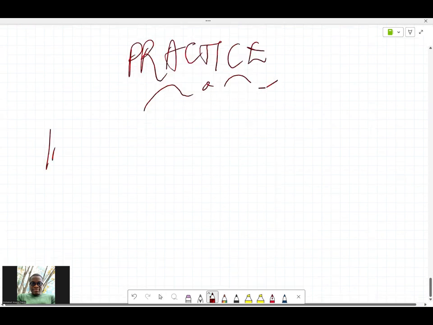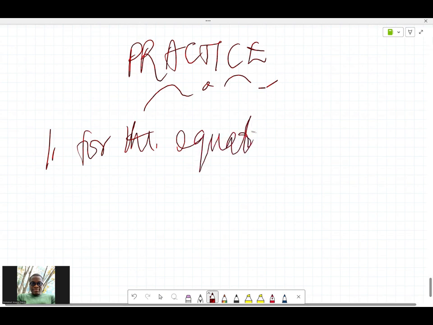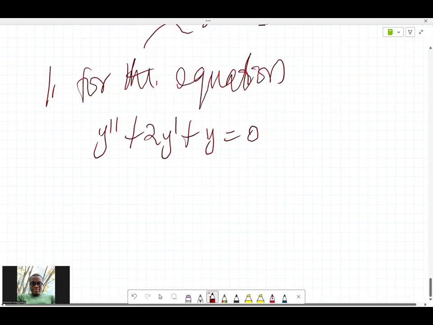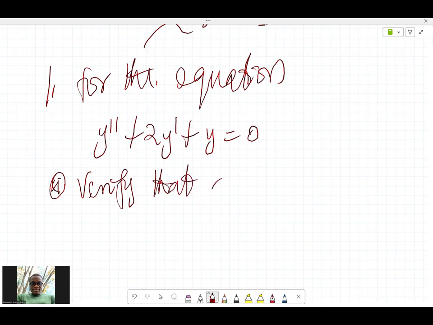Practice one, for the equation y prime prime plus 2y prime plus y equals 0. For this equation, A, verify that all points are ordinary points.